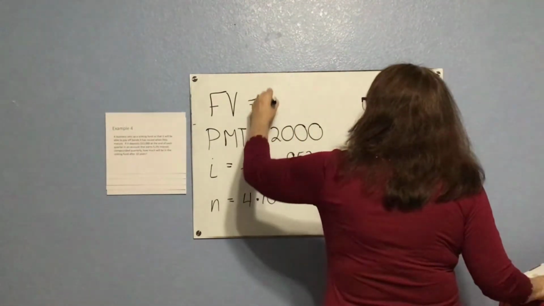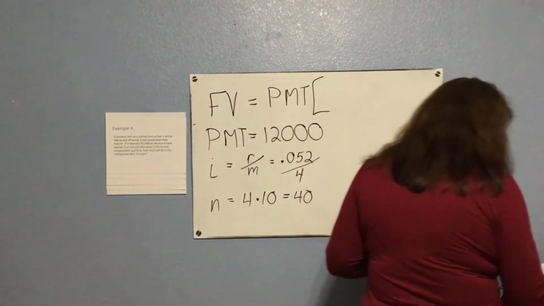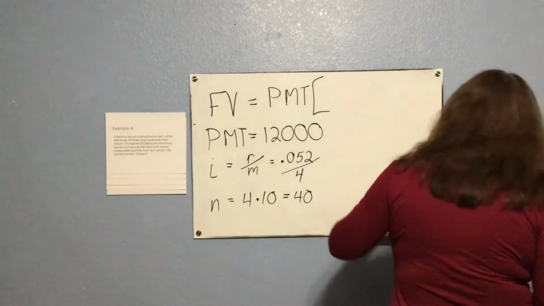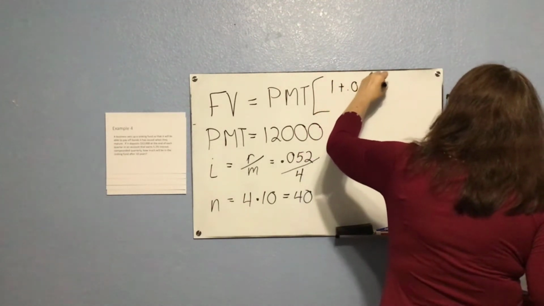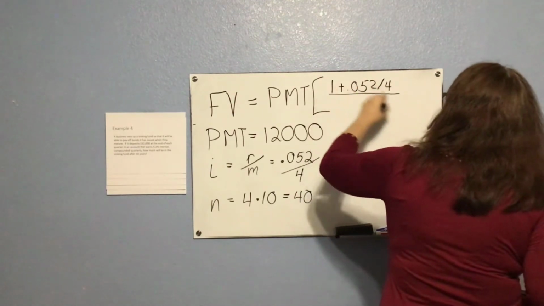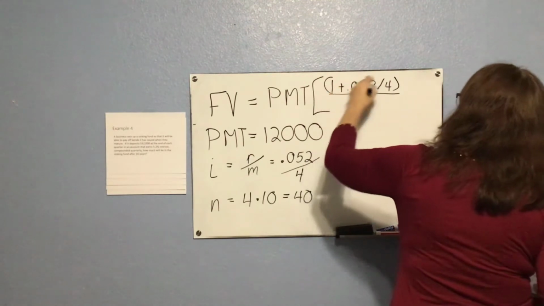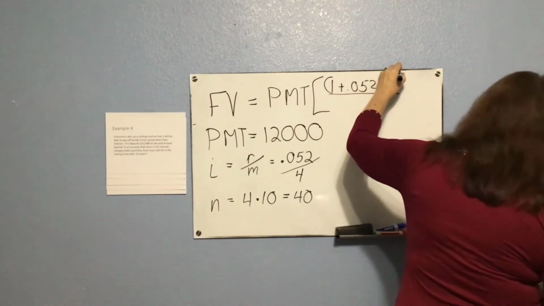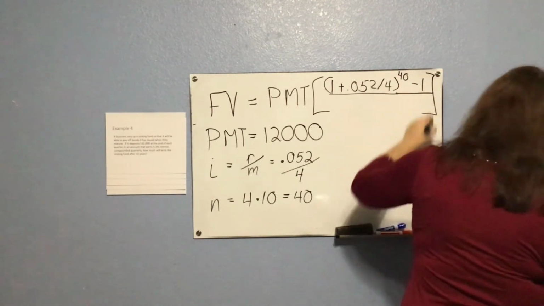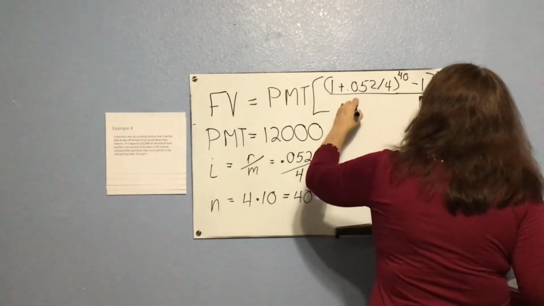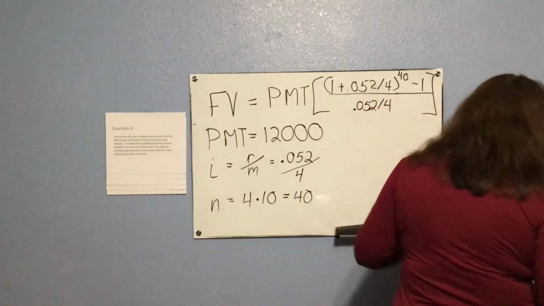And so our future value is equal to the payment times (1 + 0.052/4), I'm sorry, I didn't finish this. This is to the 40th power minus 1, and this is divided by 0.052 over 4.